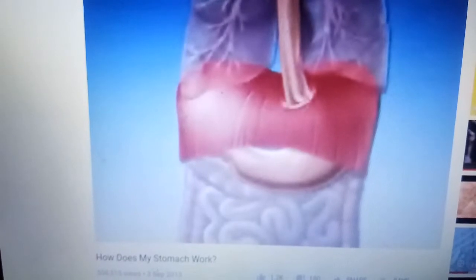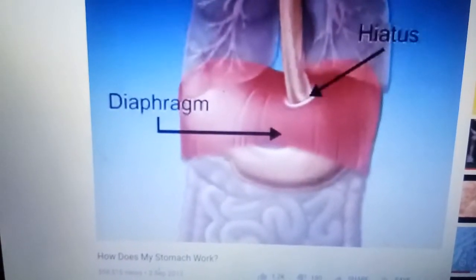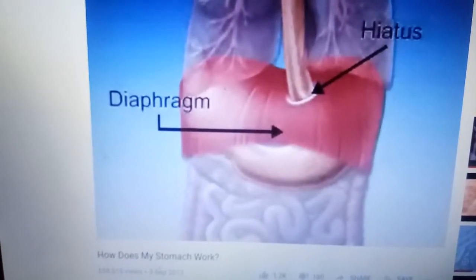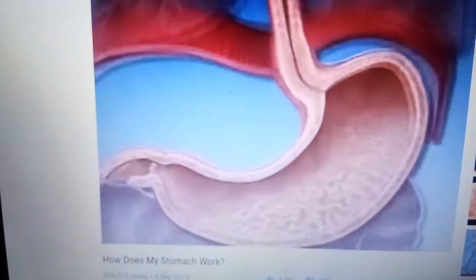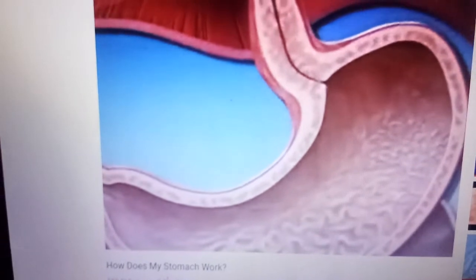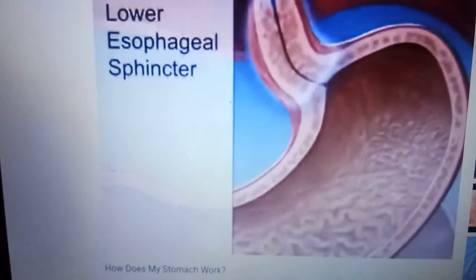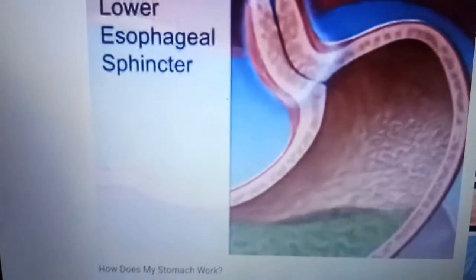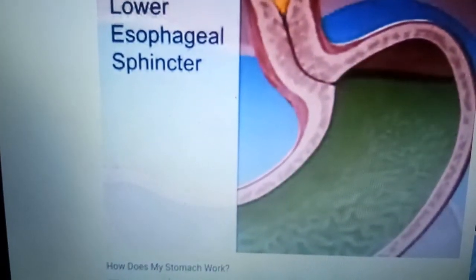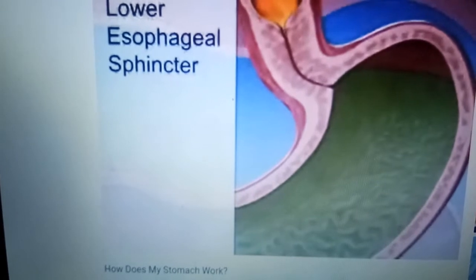Before the esophagus gets to the stomach, it travels through an opening in your diaphragm called the hiatus. The diaphragm is a broad muscle that separates your stomach from your chest cavity. The esophagus then joins the stomach at the lower esophageal sphincter. This sphincter acts as a doorway between the esophagus and the stomach. After you swallow, it opens to let food into the stomach.